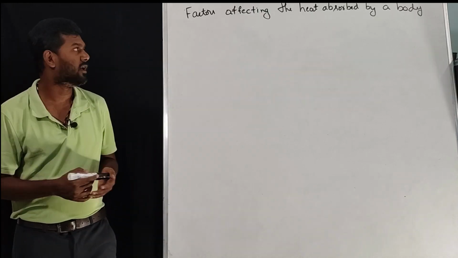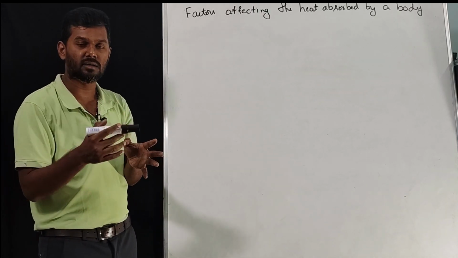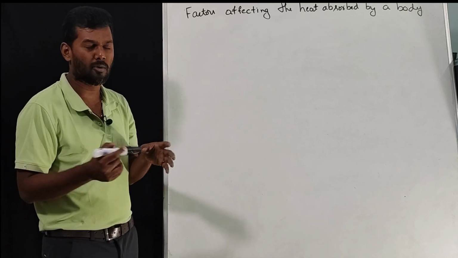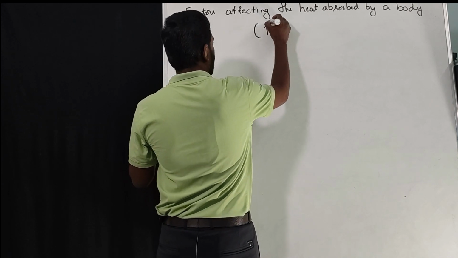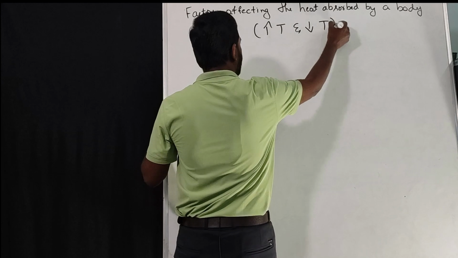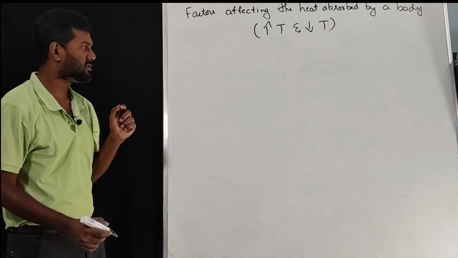That's it. Now we will learn the factors affecting heat absorbed by a body. What are the factors that affect how much heat energy is absorbed by a body? It is both increase in temperature and decrease in temperature. For heating and cooling, the factors remain the same.